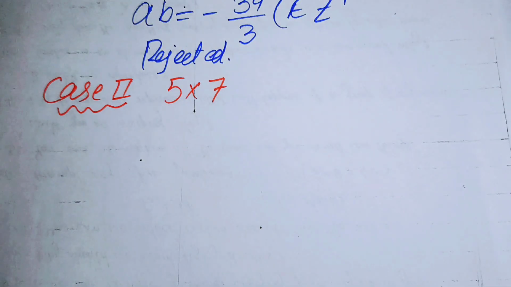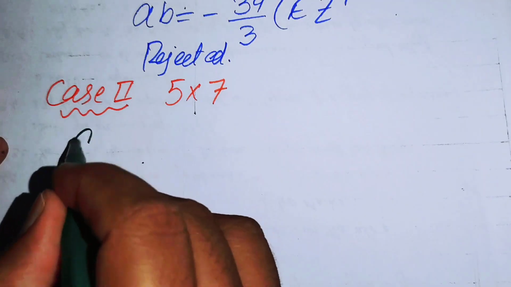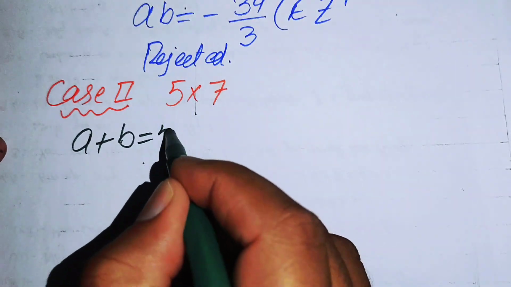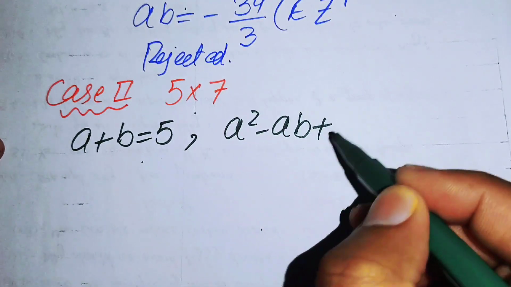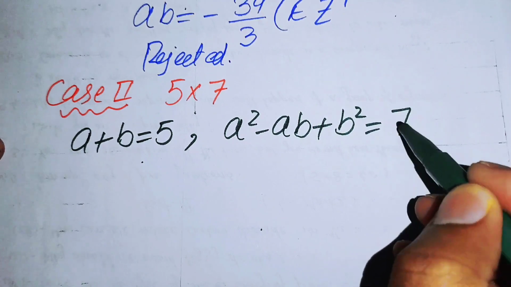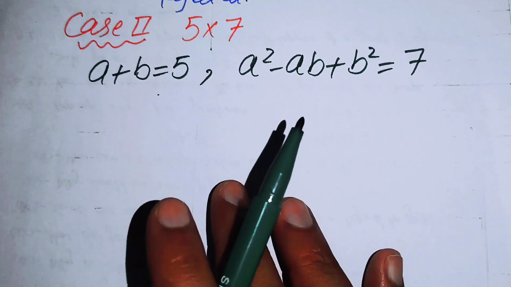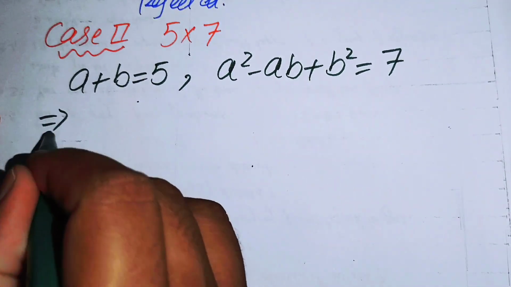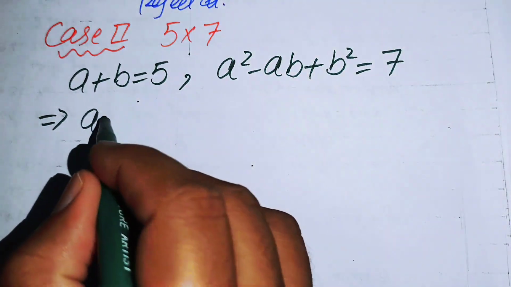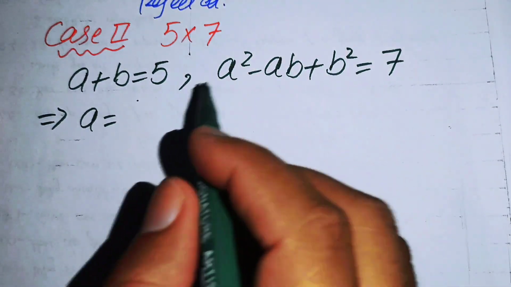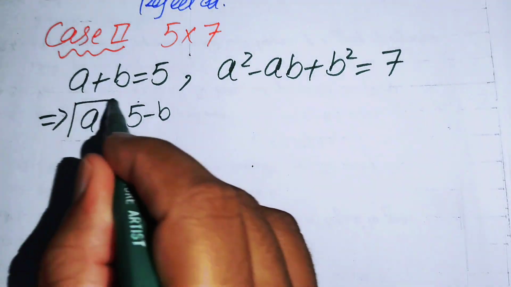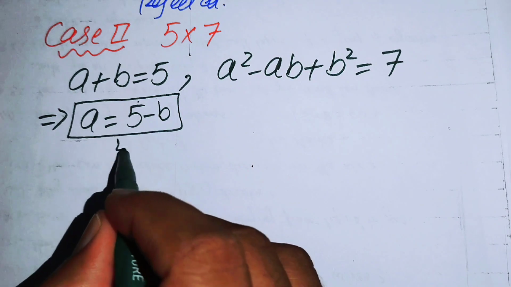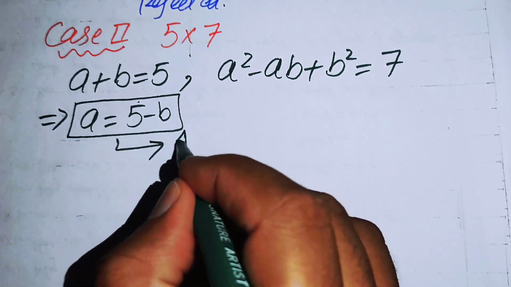It means that we choose a plus b is equal to 5 and a squared minus ab plus b squared is equal to 7. Now we can solve these two equations. First I find the value of a and substitute it in the other equation. So here you have a is equal to 5 minus b. Now I can name this as equation number 4.